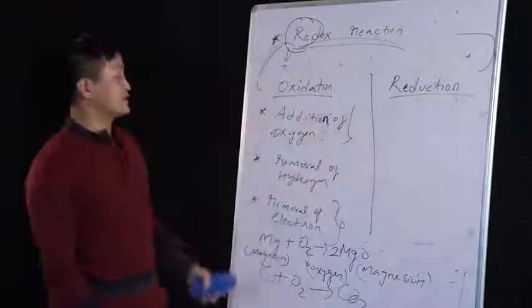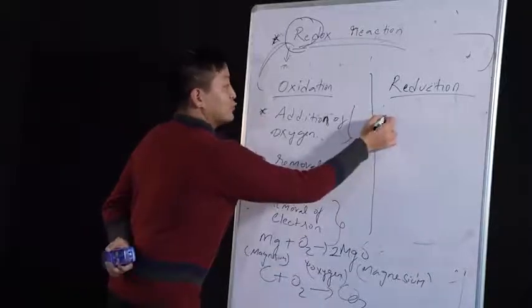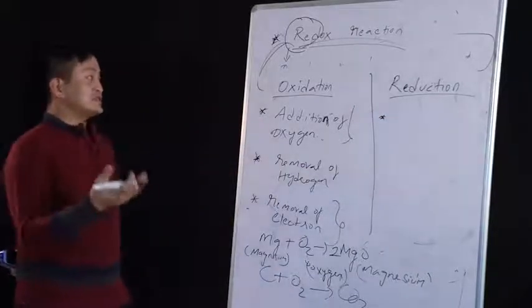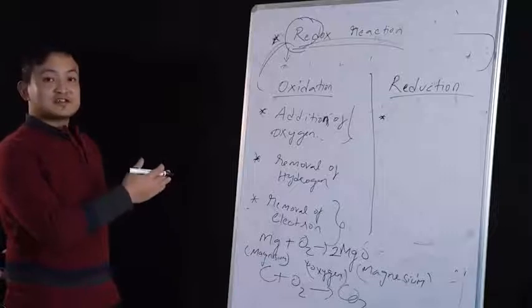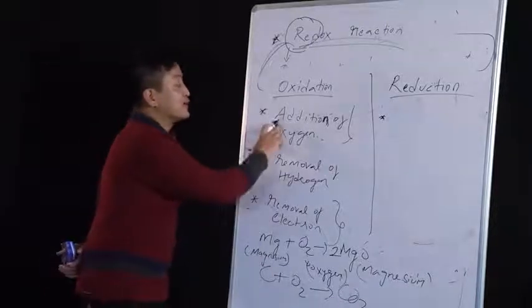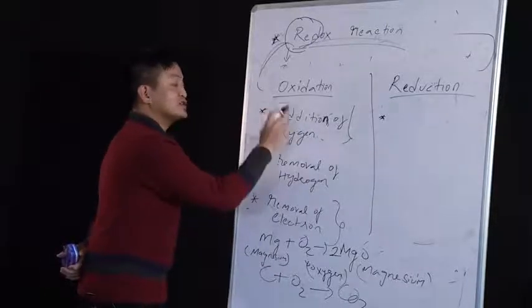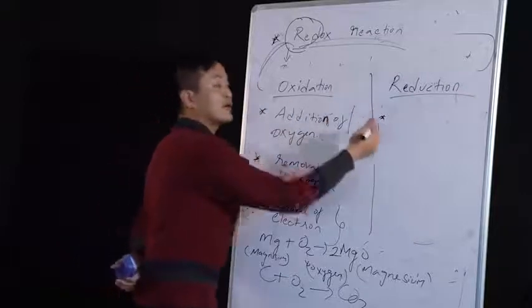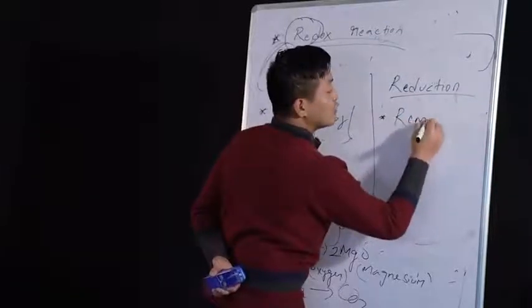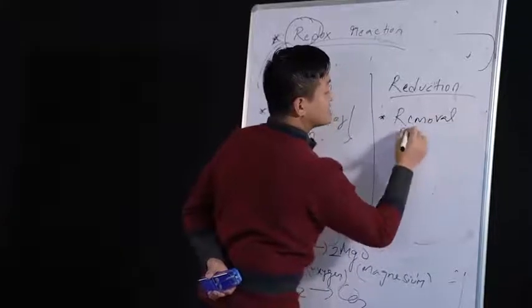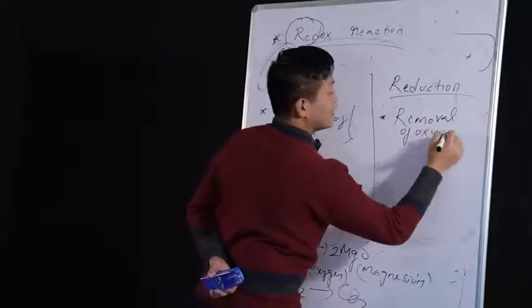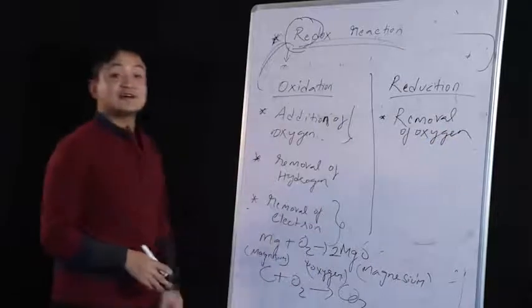What did I say? I said reduction reaction is just the opposite of oxidation reaction. Clear? So now, where there was an addition of oxygen, here it will be a removal of oxygen. Now it makes sense, right, students?